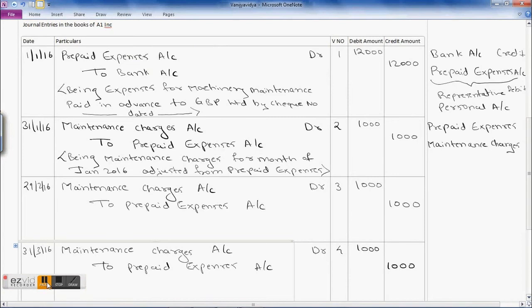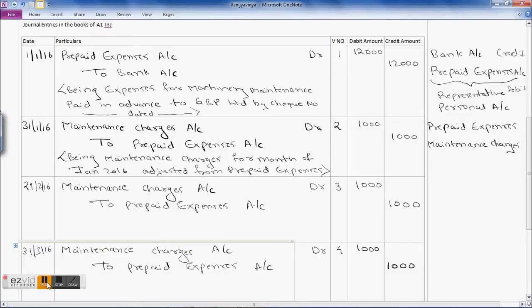Now we will prepare two ledger accounts here. One is prepaid expenses account and one is maintenance charges account. Bank, there is only one entry, that is 12,000 amount is paid, so we need not prepare that. Okay, so let's prepare two ledger accounts.